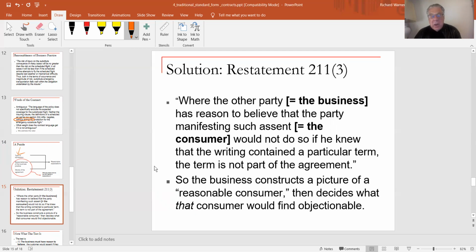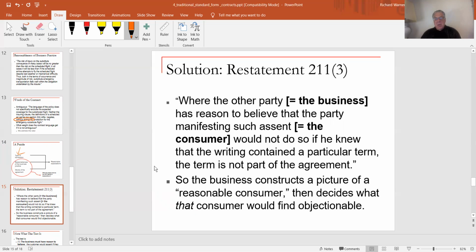Where the other party, i.e. the business, has reason to believe that the party manifesting assent, the consumer, so when a consumer enters a standard form contract and so manifests assent, where the other party, the business that wrote the standard form contract, has reason to believe the consumer would not enter the contract if he knew the writing contained a particular term, that term is not part of the agreement.